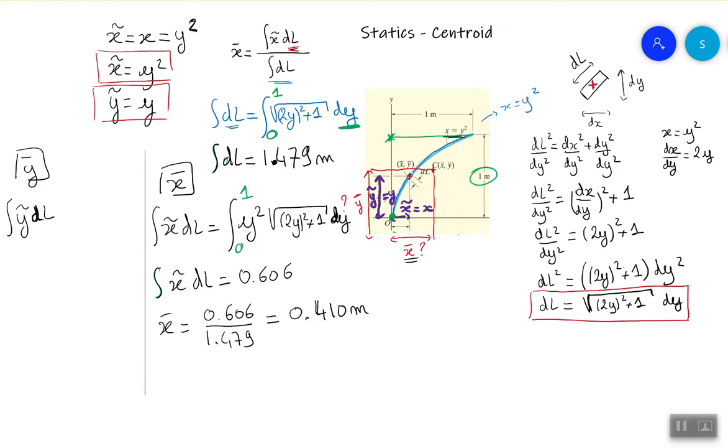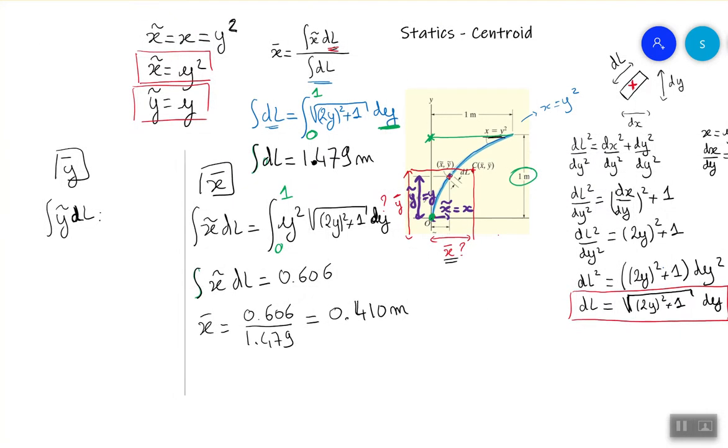So let's first find the integral of y tilde dl. Y tilde is y, and dl is the square root of 2y square plus 1 dy, and the limits of y are from 0 to 1.